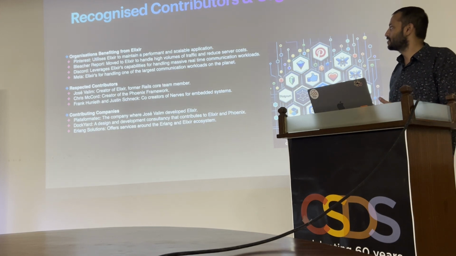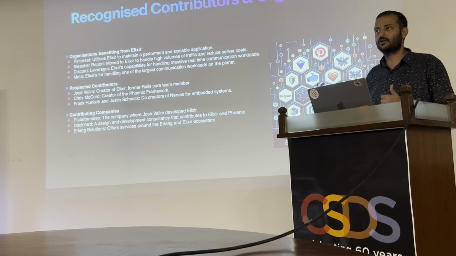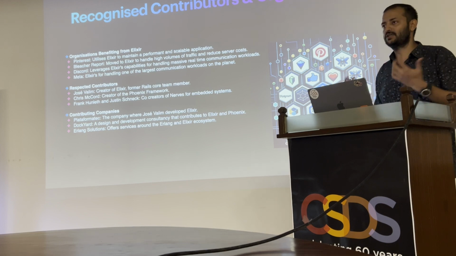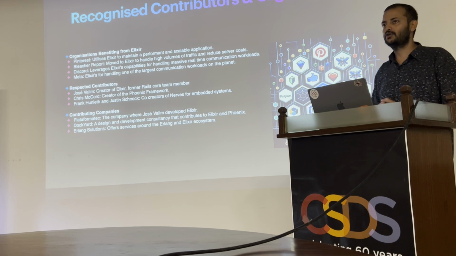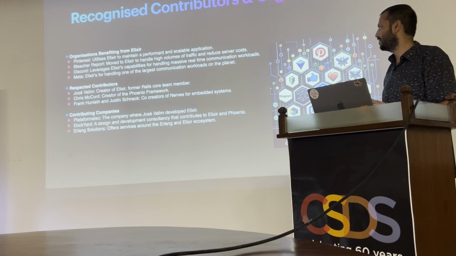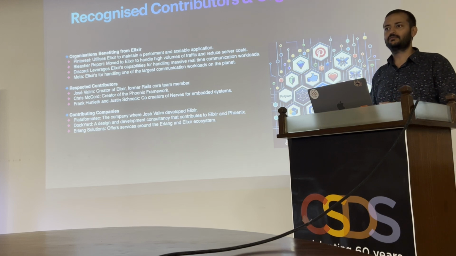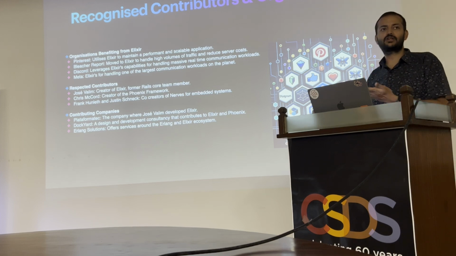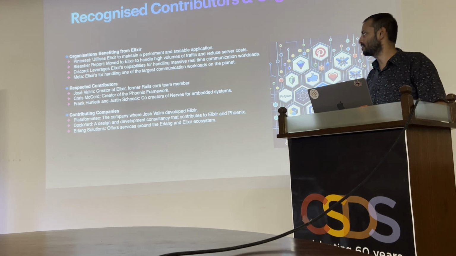Some recognized organizations benefiting from it, obviously WhatsApp runs on Erlang and Discord runs for millions of messages on Erlang, and then you have Pinterest for their notification system using Elixir and the Erlang VM. So clearly some of the big names in the industry are using it, and the potential is there for this technology to become more prevalent to the masses.